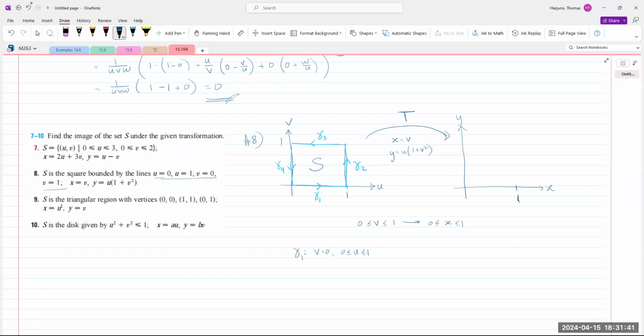Now under that transformation, φ equals 0, so x equals 0. Now y will be, notice that φ equals 0, so y will be u.